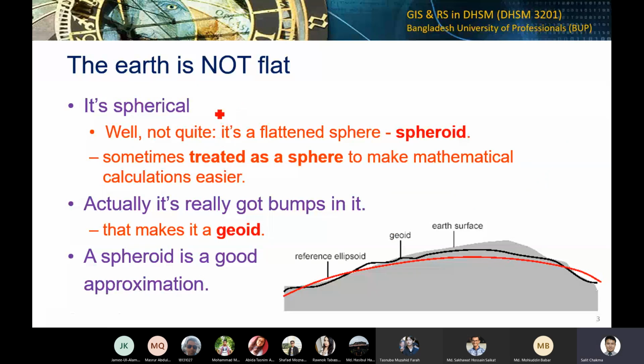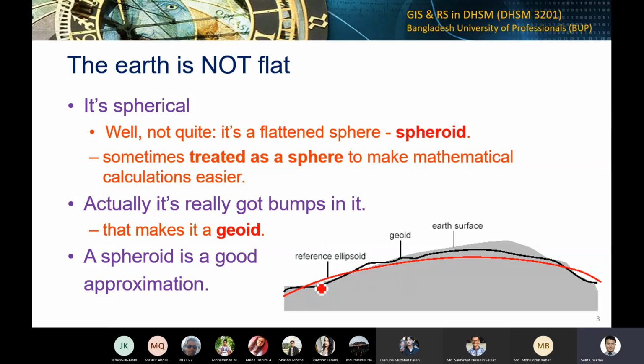As I said earlier, the Earth is not flat. We said that it's spherical, or sometimes it might not be spherical, rather ellipsoidal. So there is a debate between whether the Earth's surface is spherical or ellipsoidal.